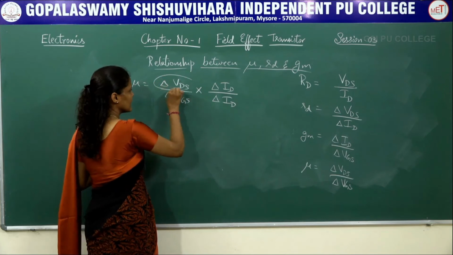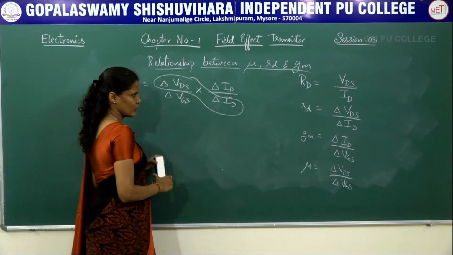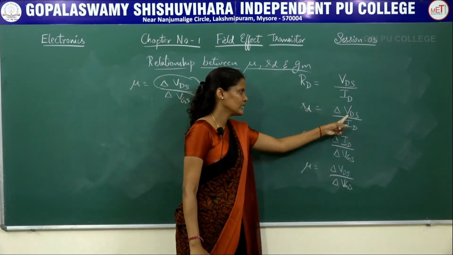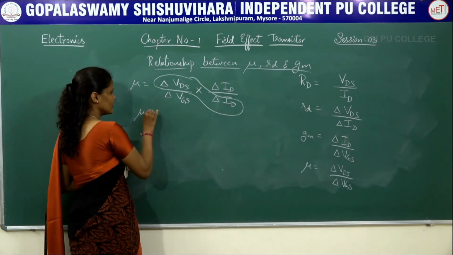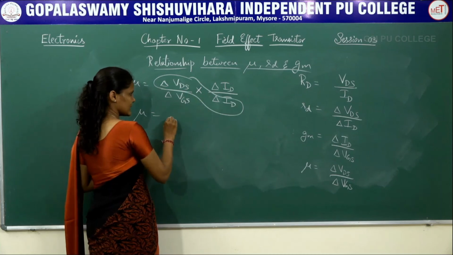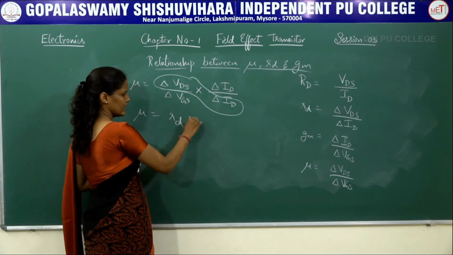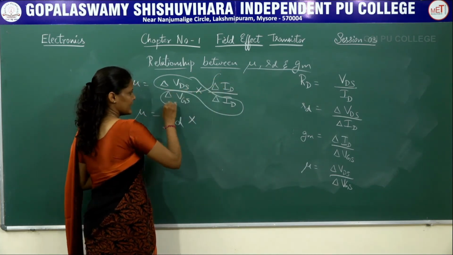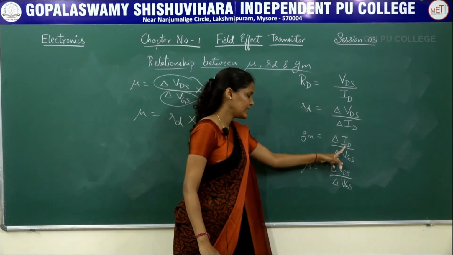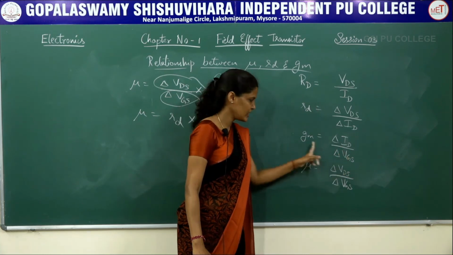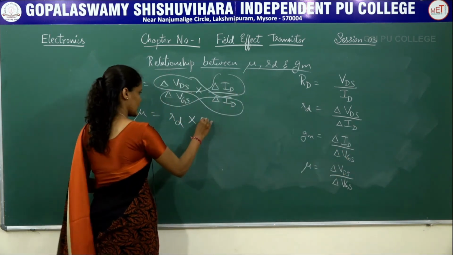After that, delta VDS by delta ID. What is that? Delta VDS by delta ID is nothing but rd. So mu is equal to rd and delta ID into delta VGS. Delta ID divided by delta VGS is given by Gm.